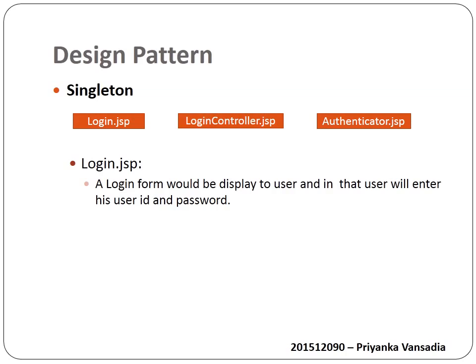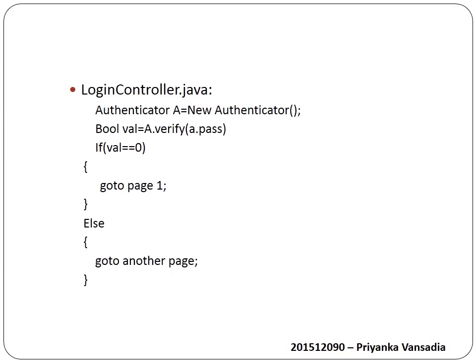In login.jsp, a login form is displayed to the user, in which the user enters his user ID and password. In logincontroller.java, an object of the authenticator class is created. That object is used to call the verify method of the authenticator class.